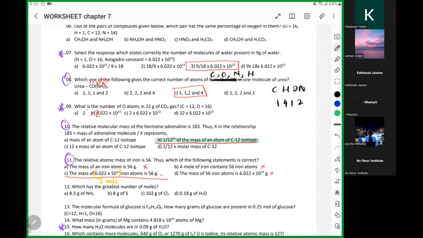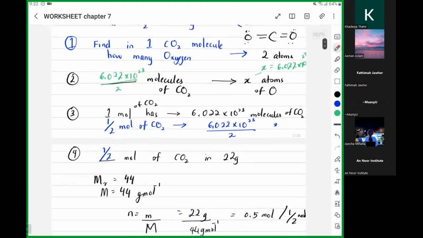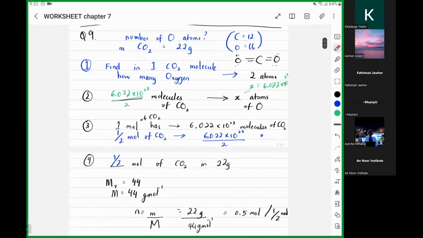B, no? Did everybody get this? Try to spend a little bit of time and understand. Otherwise, I'll explain the steps again. The question is how many oxygen atoms in 22 grams of carbon dioxide? You have to go step by step. 1 molecule of carbon dioxide has 2 oxygen atoms. You know that. So if you find out the number of molecules of carbon dioxide, you can find how many atoms are there.